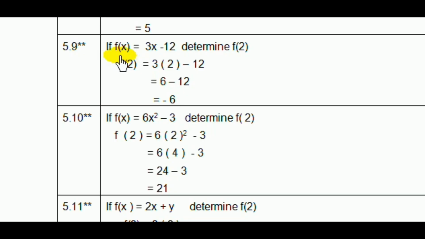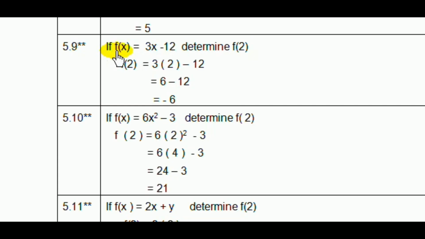5.9, the function notation. That's a function 3x minus 12. You will in due time learn that that is a graph, a linear graph, and if you actually substitute the x with a 2, you will get the y answer, but that will not matter at this stage. This is a functional notation.